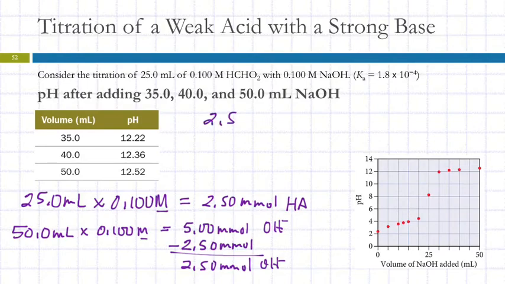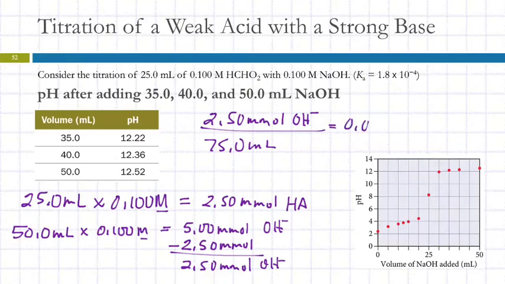So I've got 2.5 millimoles of hydroxide ion, and I want to divide by the total volume, 50 plus 25, 75 milliliters. So I got 2.5 divided by 75. So that's my hydroxide ion concentration.